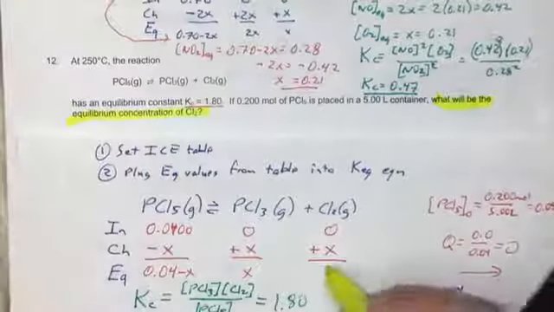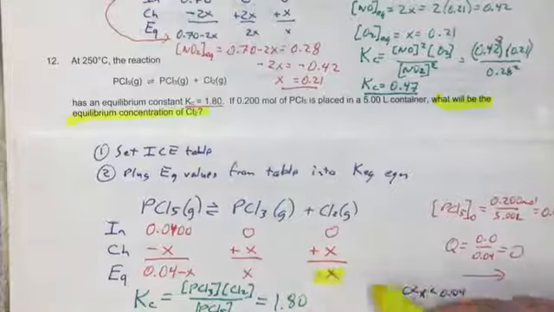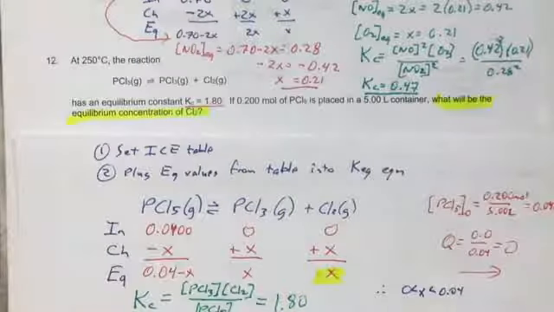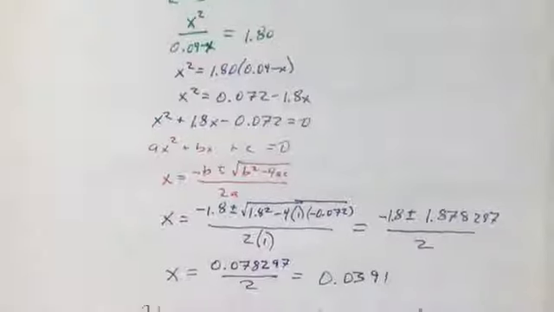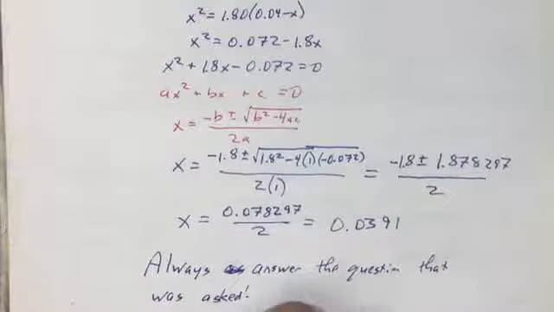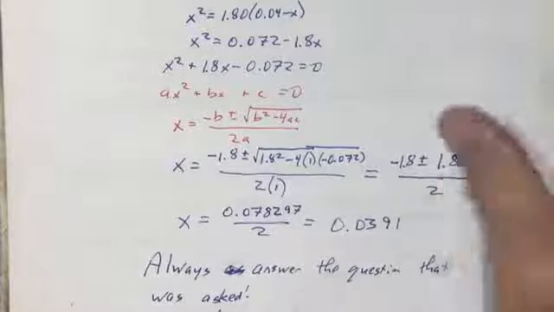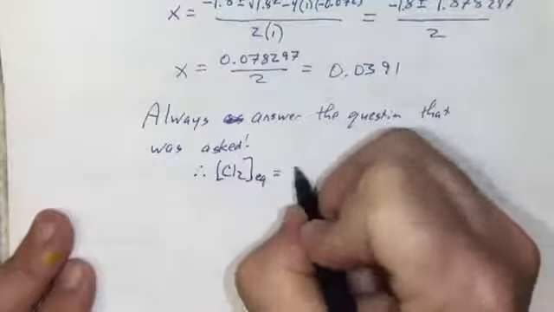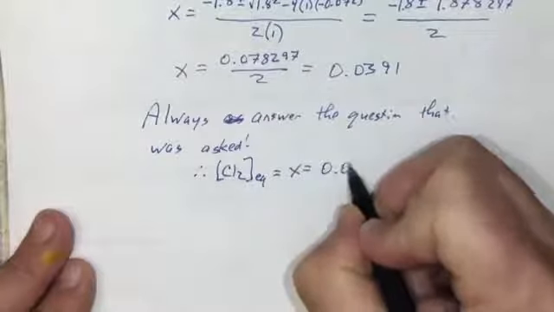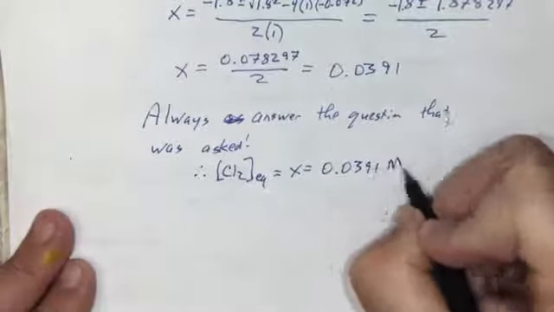The equilibrium concentration of chlorine is right here on the ICE table. It is x, and that's what we solved for. So the concentration of chlorine at equilibrium is equal to x equals 0.0391 moles per liter.